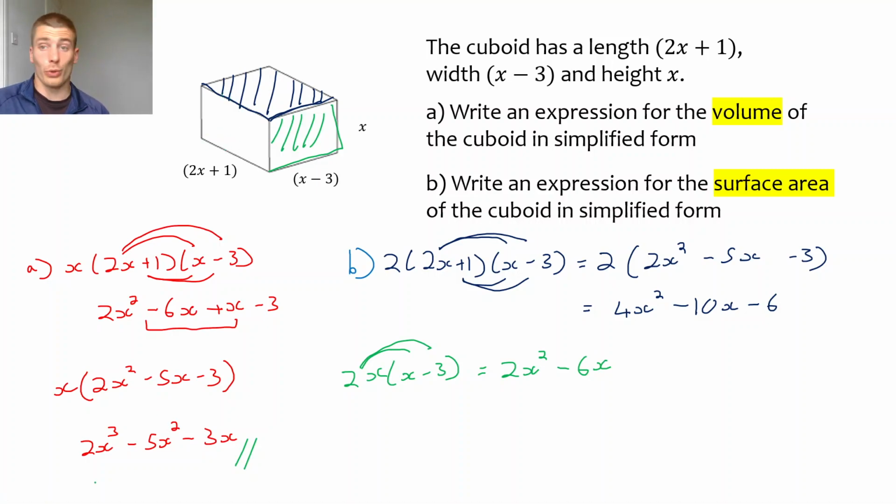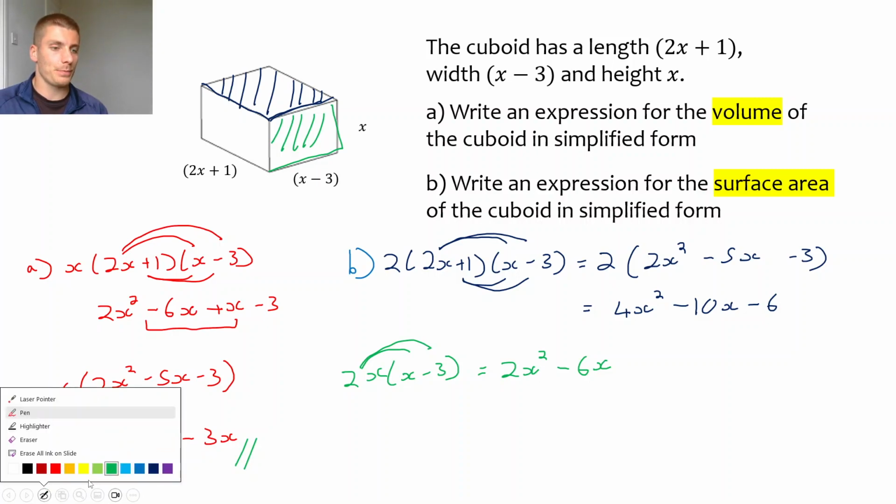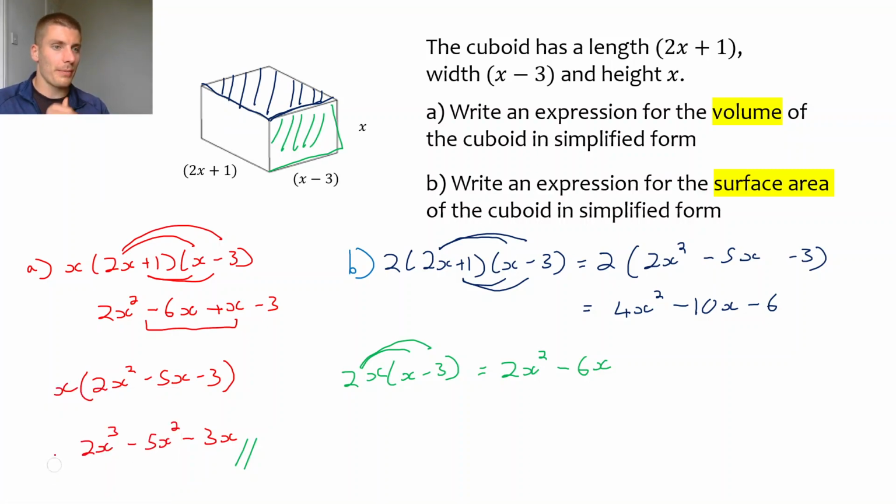We've got two more faces really that are the same, which we'll do in red, so I don't confuse you with the colours here. So we'll go for the front face, which is also at the back as well. We'll just do one of them. This one has a length of 2x plus 1, and a height of x.